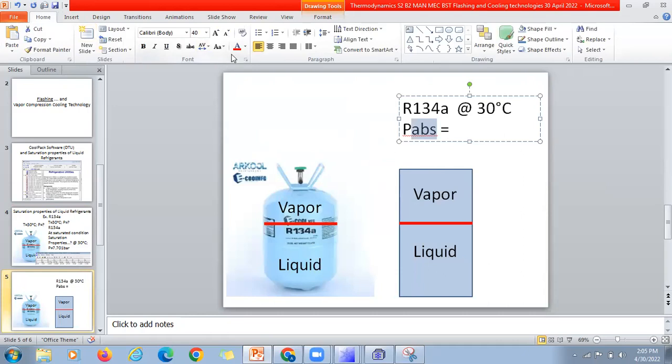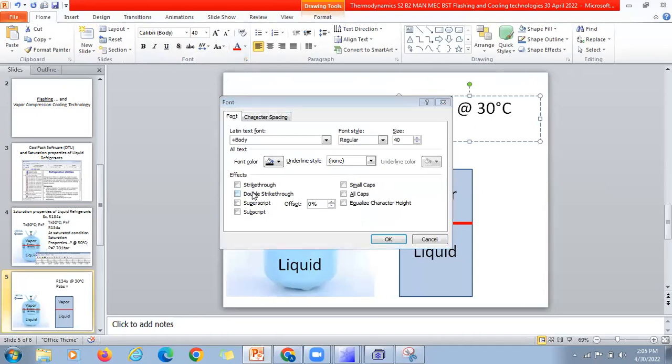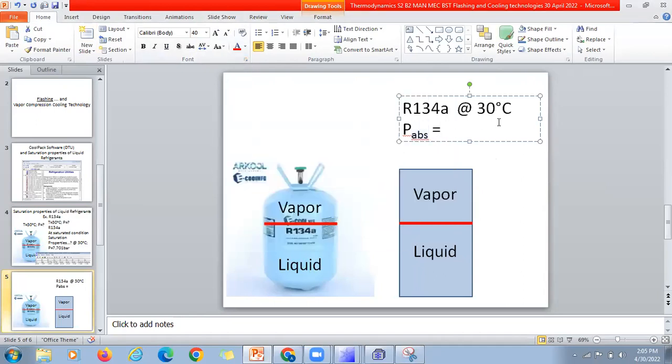So we can simply say pressure. That is okay. One bar.